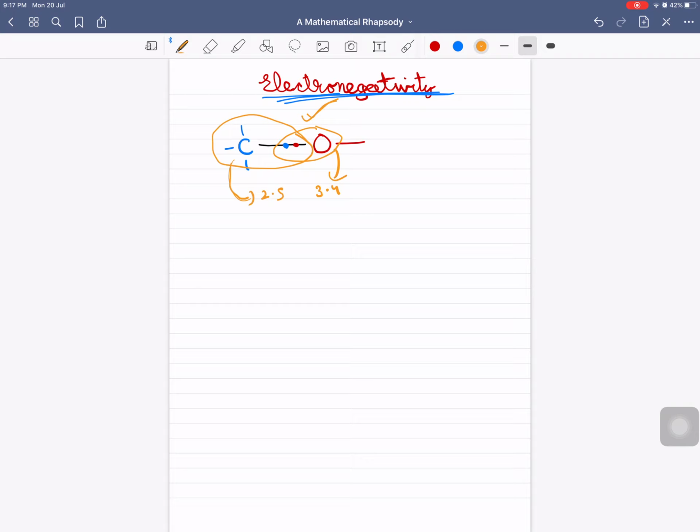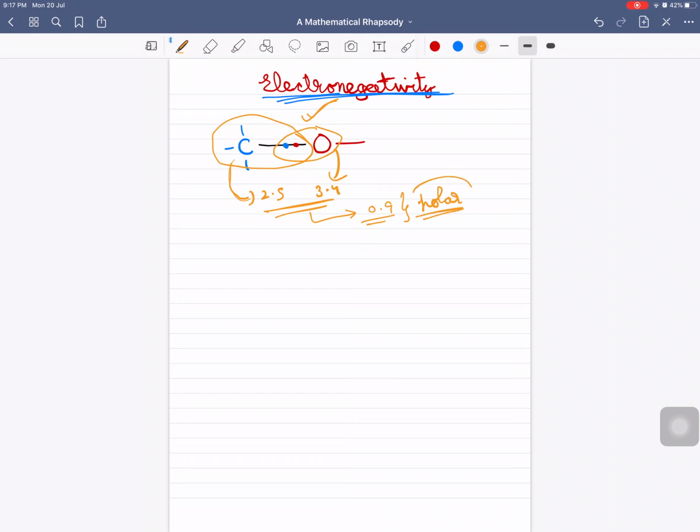So I'm going to tell you what makes a compound polar or non-polar, and ionic. Here the electronegativity difference is, as you can see, 0.9. This is considered to be polar, right?